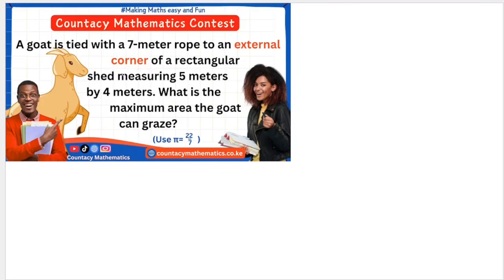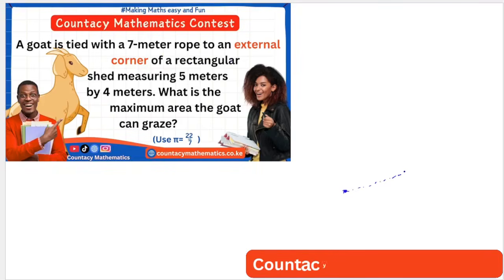What I saw most of the students trying to calculate is that they took the goat as tied to a particular fixed point, and then argued that since the goat is tied with a 7-meter rope, it would move in a maximum circular path of 7 meters all around.